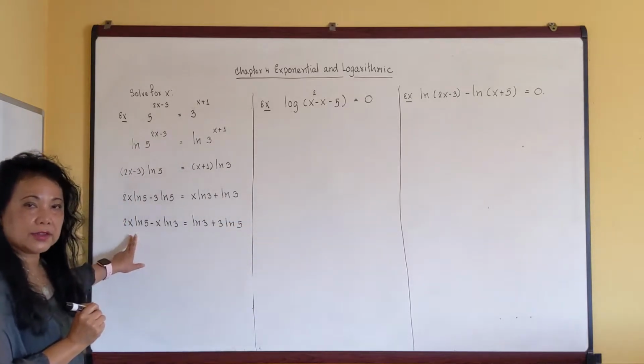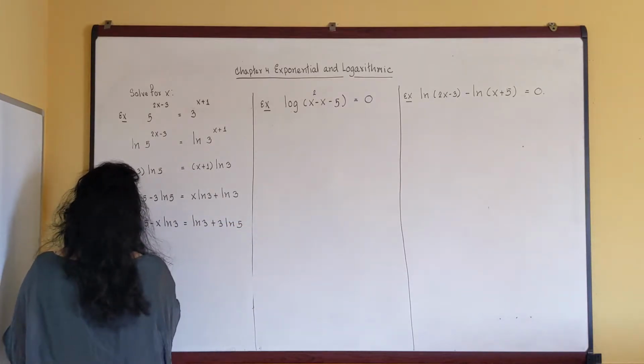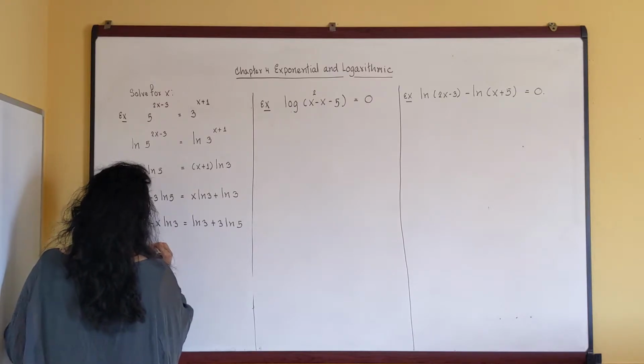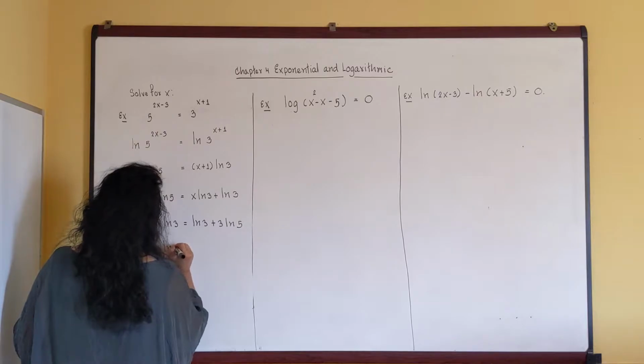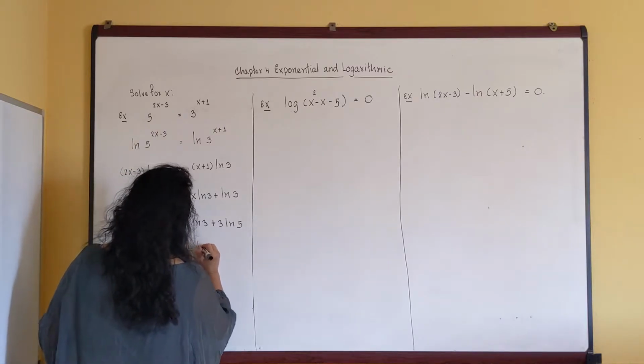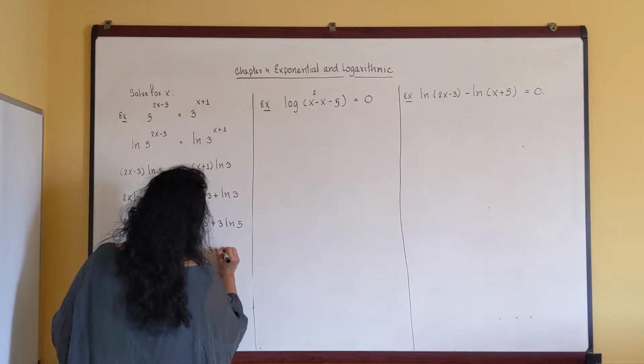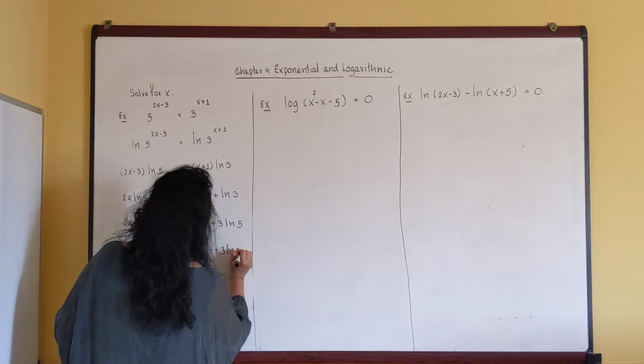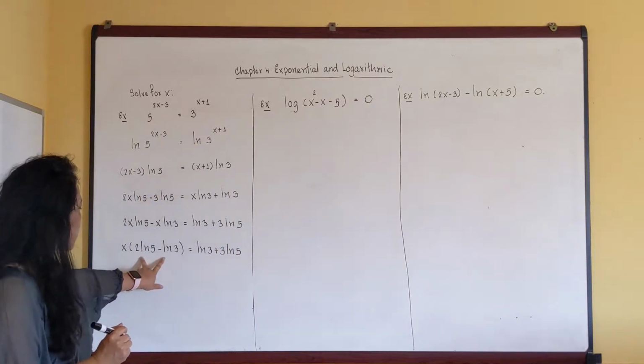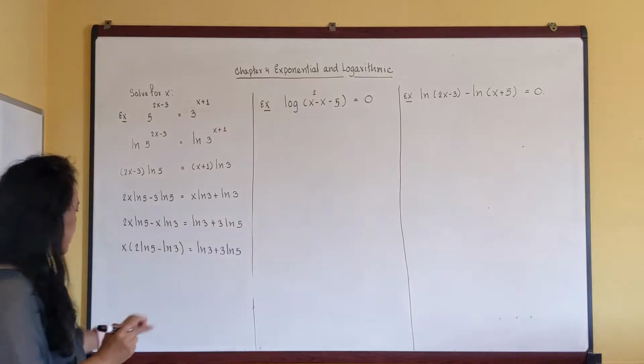I'm going to factor out the x on the left hand side. So I would have x times (2 ln 5 minus ln 3) equal to ln 3 plus 3 ln 5. Now I'm going to divide both sides by this whole parenthesis to have x by itself.